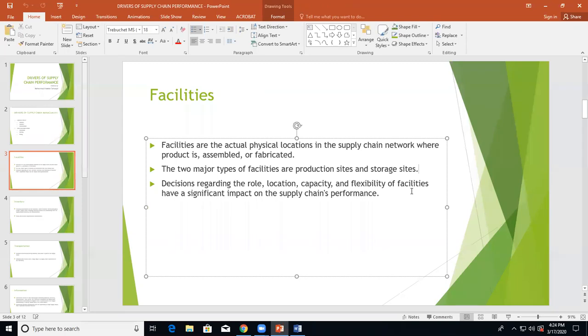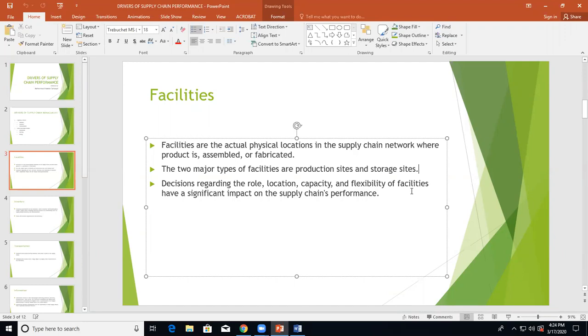Decisions regarding the role, location, capacity and flexibility of facilities have a significant impact on the supply chain performance. Actually, this is very important. Whatever decisions we take, what will be the role of the facility? What will be the location of the facility? What will be the capacity and flexibility of the facility? It has a significant or major impact on the supply chain performance.